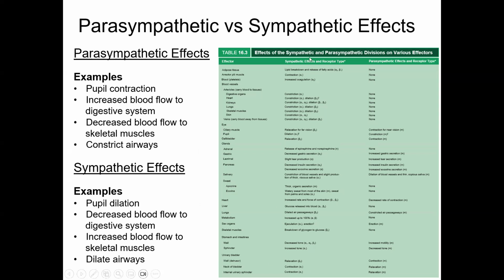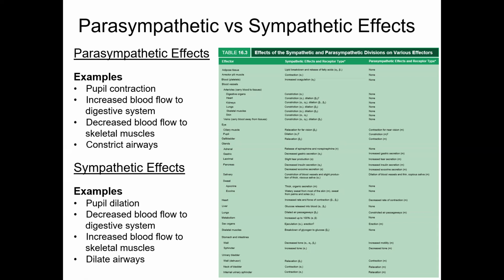So this table is a bit much, but it's a great thing to look at to see all the different effects of the sympathetic and parasympathetic division. If you remember that rest and digest versus fight or flight, that will help you a lot. So for rest and digest, for parasympathetic, that is going to be kind of shutting down or slowing everything down except for the digestive and urinary system.